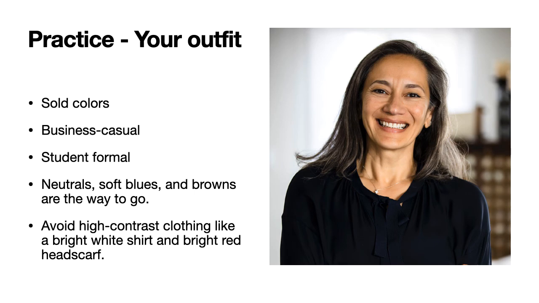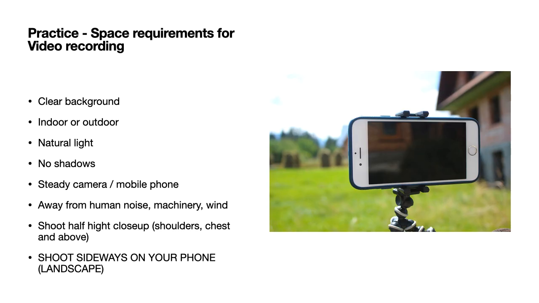And for the ladies, when recording, make sure that you are recording in landscape format. So you're not holding your phone upright, but you're holding it sideways. We also recommend that you have a clear background behind you or soft colors. You could record indoors or outdoors. Make sure that you have natural light if you're recording indoors, and avoid standing in the way of shadows.